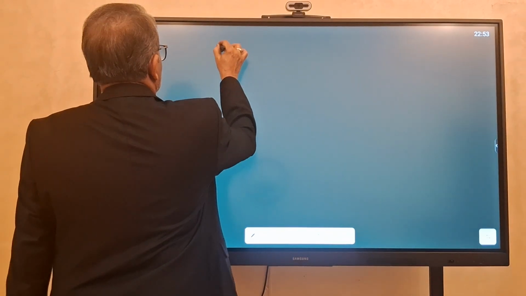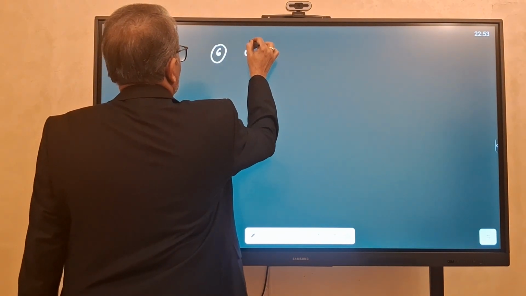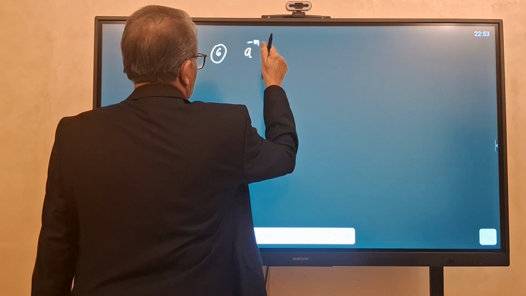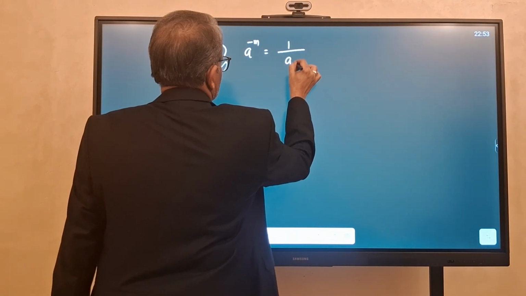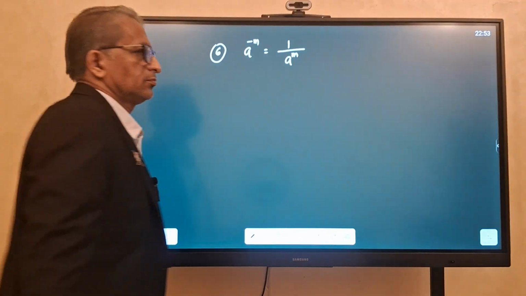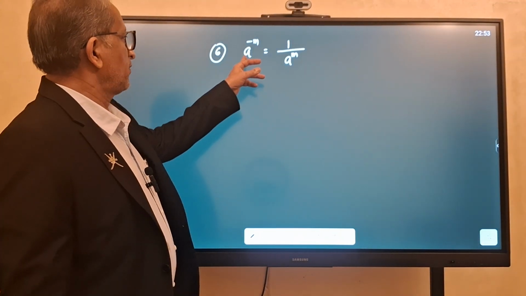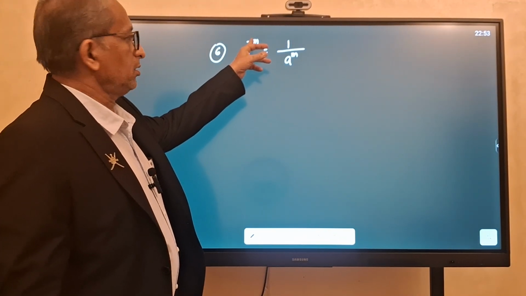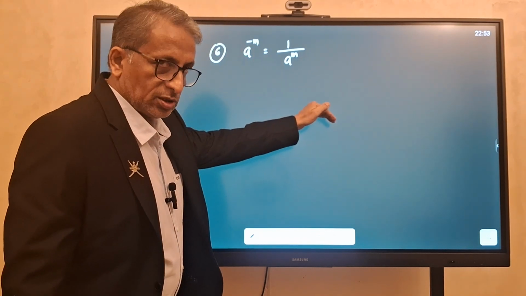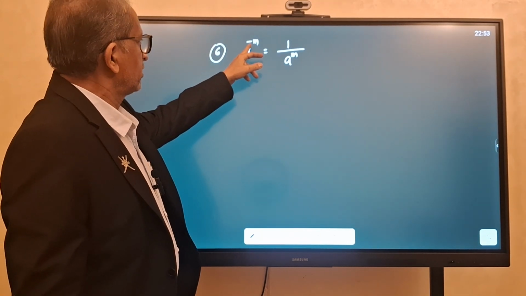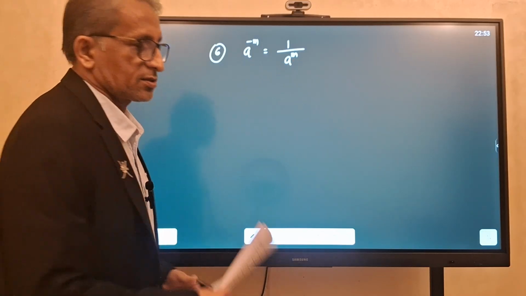Law 6. A to the power minus M, if I bring it down, becomes 1 upon A to the power M. That means if you have any number with a negative power in the numerator, and I bring it to the denominator, the sign of the power changes from minus to plus.